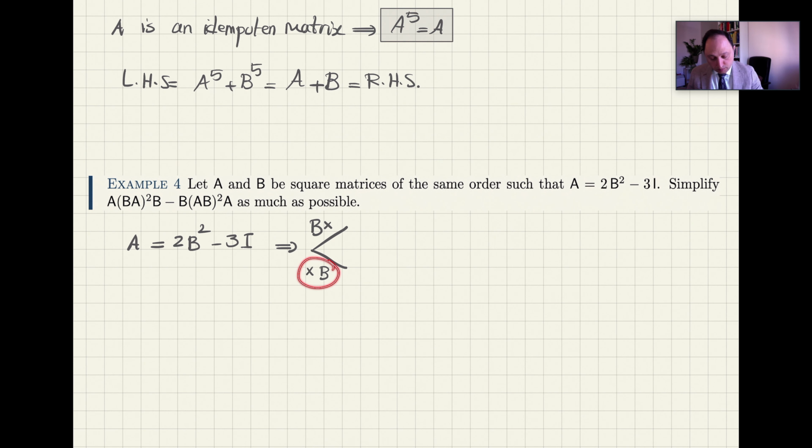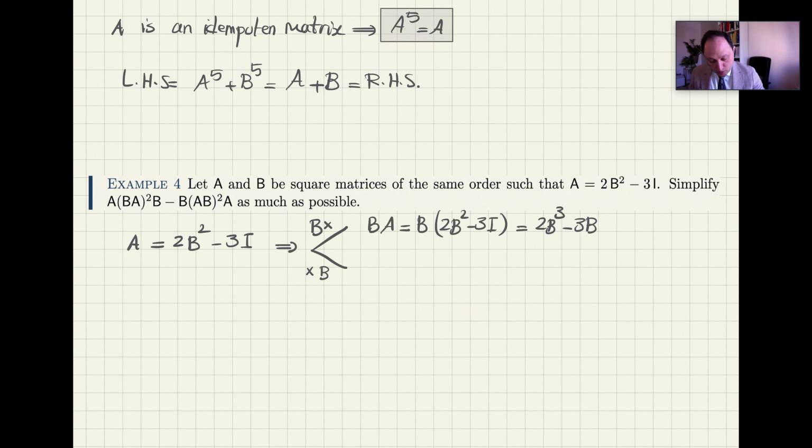If I multiply both sides of this equality by B from the left, it becomes BA is equal to B times 2B squared minus 3I, and if I continue, it becomes 2B cubed minus 3B.